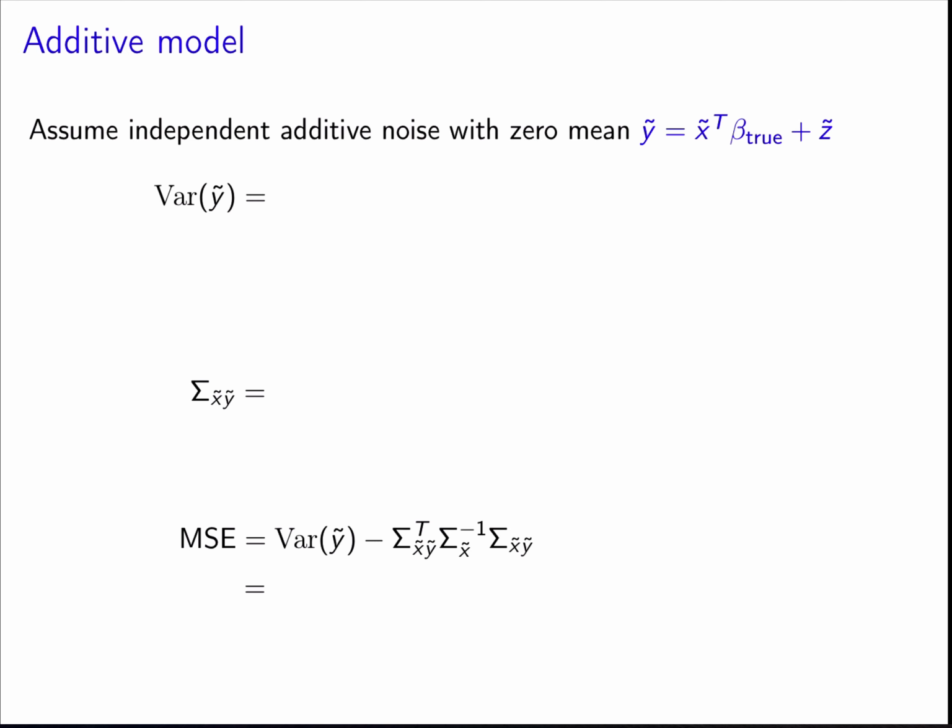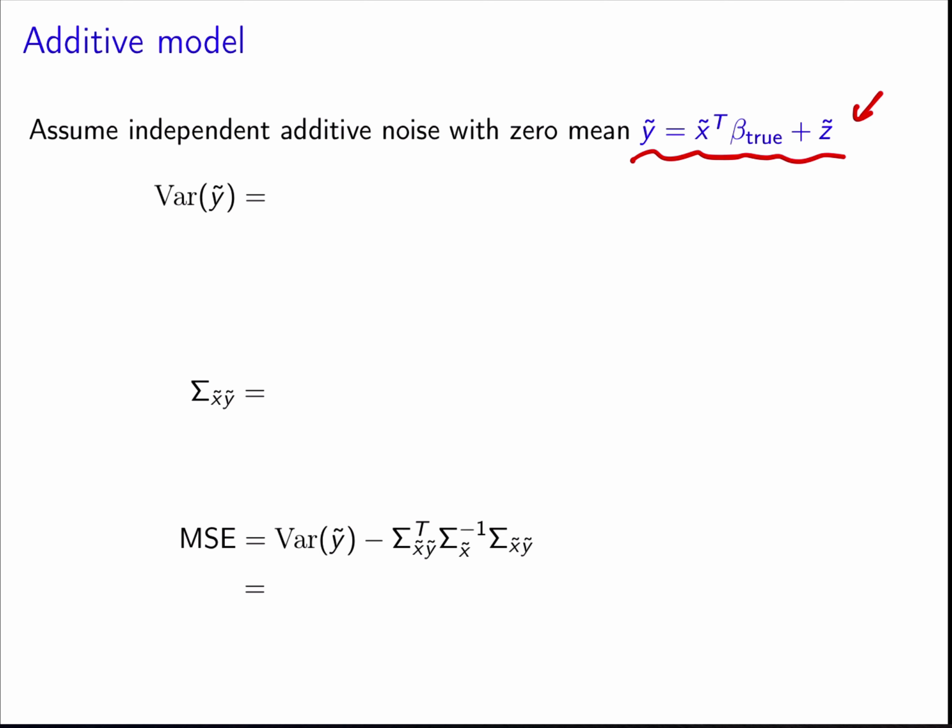Let's do an example where we have an additive model. Of course, this will never happen in practice, but it's very useful to analyze simple models that do follow the assumptions that we're making. So here we're going to assume that our response of interest is actually given by an inner product between the features and a certain vector of coefficients, and then there's some additive noise that is independent of the features that we don't have information about.